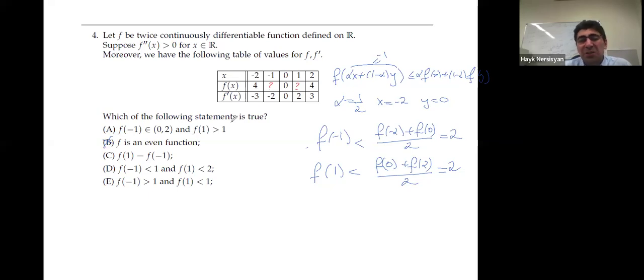Why should it be symmetric again? Who knows? Okay, f(-1) less than 2: yep, true. Why should it be positive and greater than 1? We can't eliminate this statement for now. We will come back to it soon.